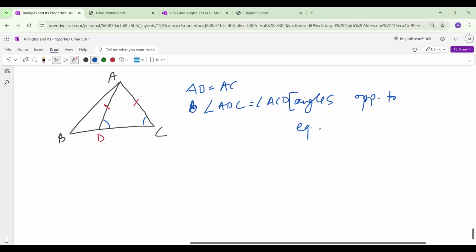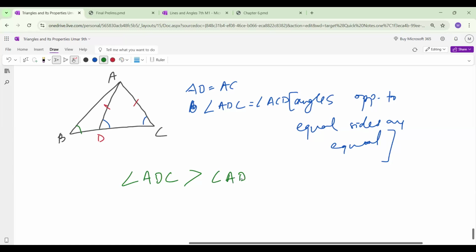Now they have said that angle ADC is greater than angle ABD. The reason is this is an exterior angle. Exterior angle is always greater than the opposite interior angle. Okay, so this is greater.